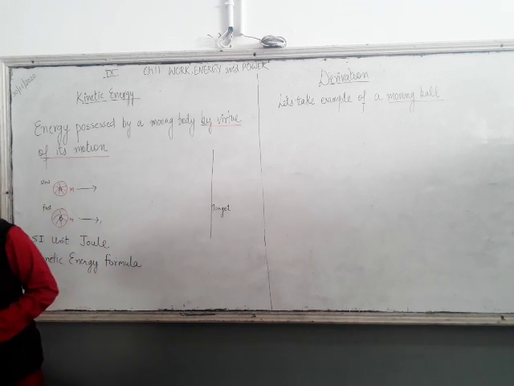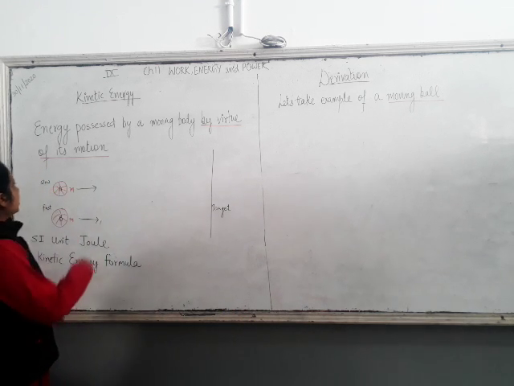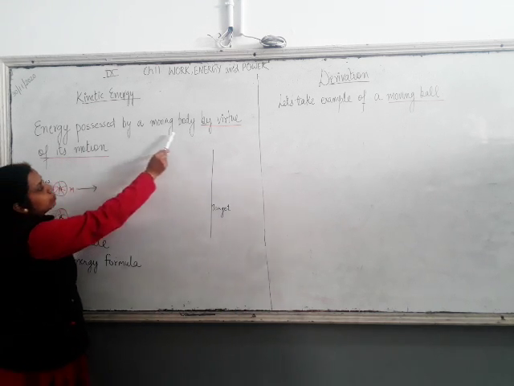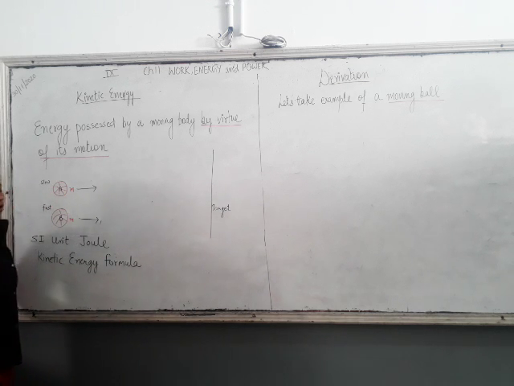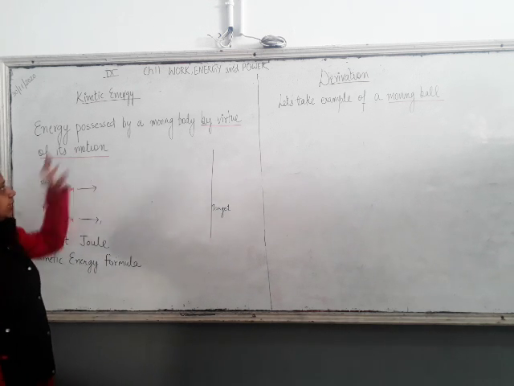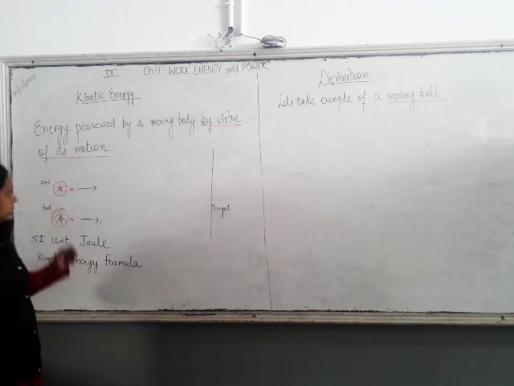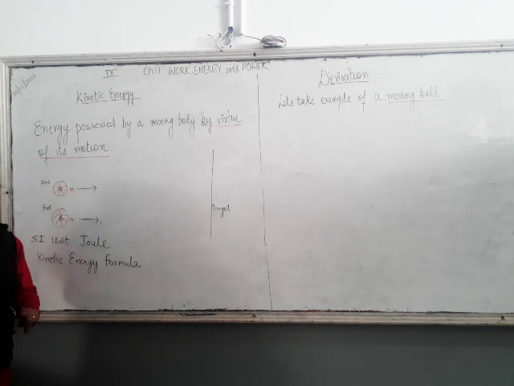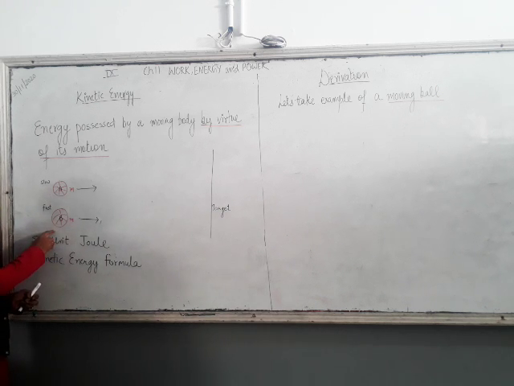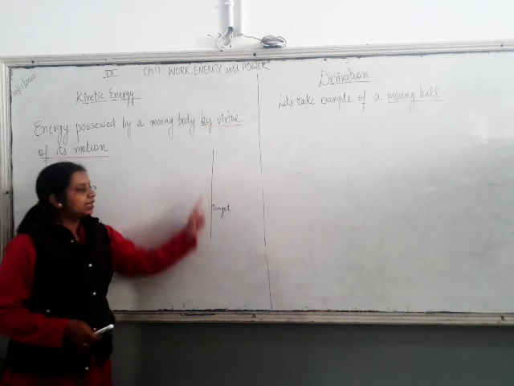The definition that I have written on board about kinetic energy is: energy possessed by a moving body by virtue of its motion. What is the meaning of this? Let's see this with an example. Let's say you have two balls, A and B. The masses of these two balls are the same. Now B is moving faster than A. Let's say you have a target here.